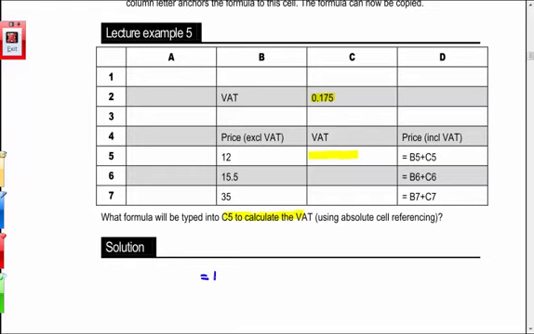So it'll be equals B5 multiplied by, and then we need to use a $ either side of the C to anchor that cell, to use the fact that we're always going to want to use cell C2.